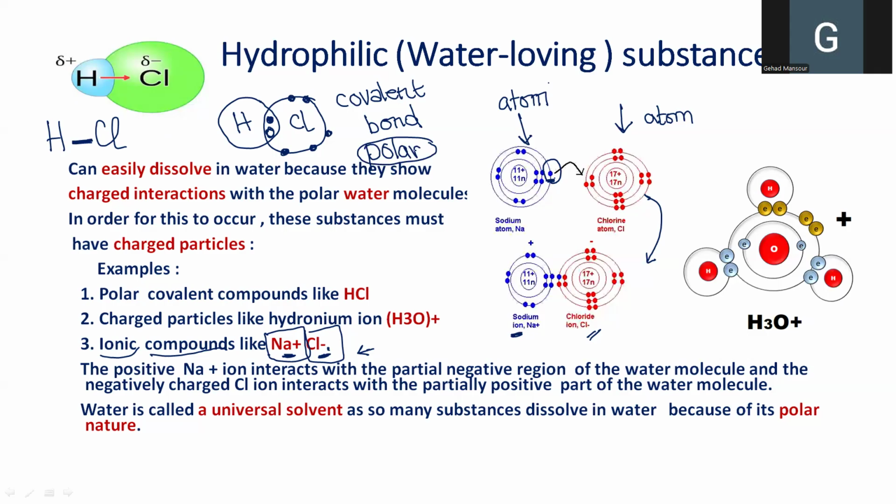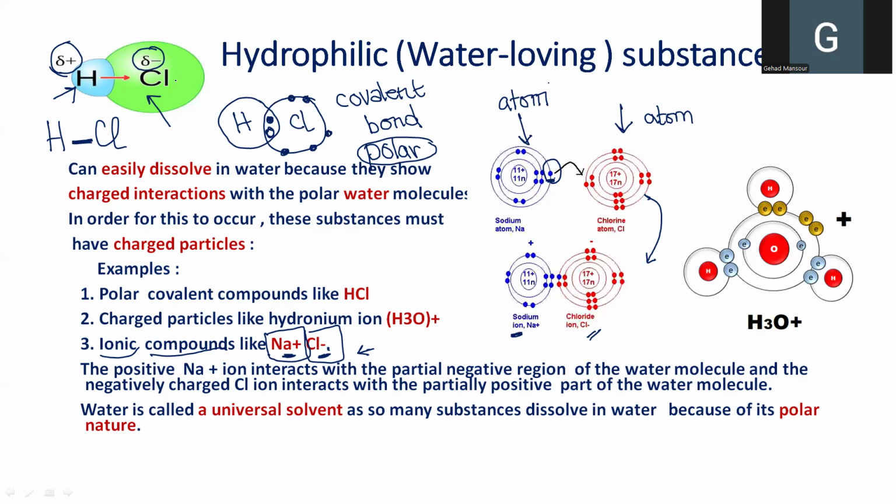Why is it a polar covalent bond? Because here hydrogen carries a partial positive charge and chlorine carries a partial negative charge. And this is due to what? This is due to the difference in electronegativity between the hydrogen atom and the chlorine atom.